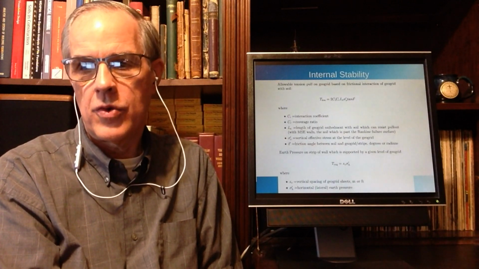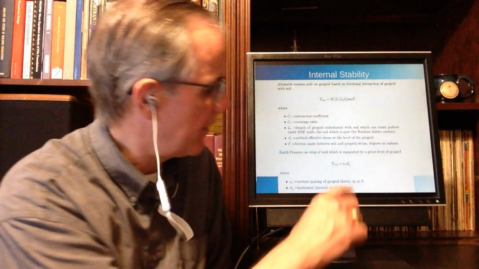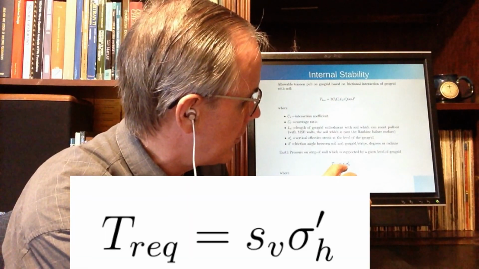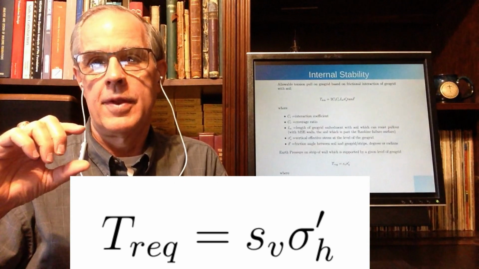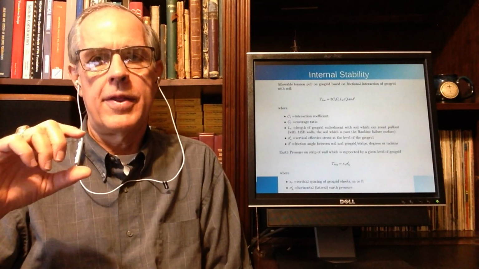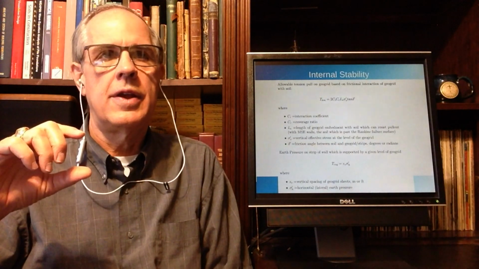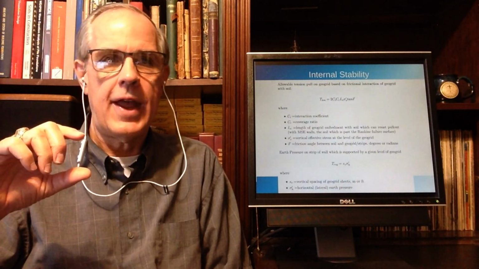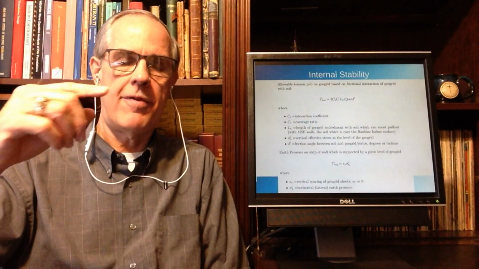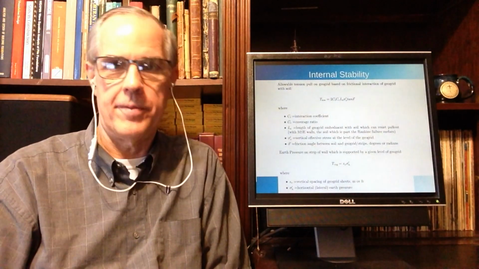And then on the resisting side is the TREQ, which is simply equal to the spacing of the geogrids times sigma prime H. Now, I want to be careful about that. SV is actually, like I said, the sum of half the distance from a geogrid to the one above it, plus half the distance to the one below it.